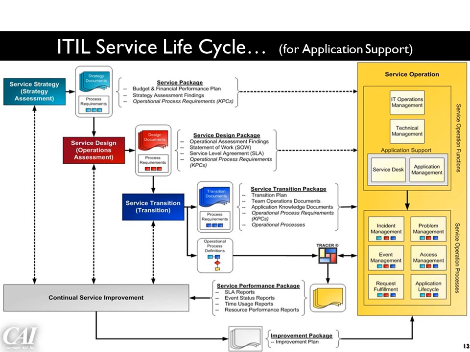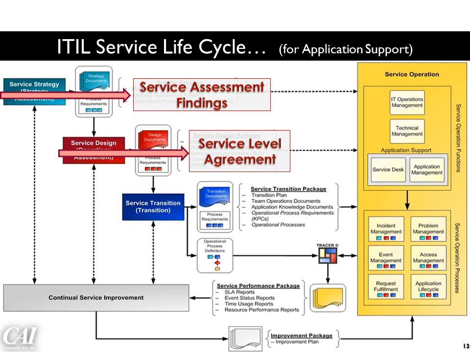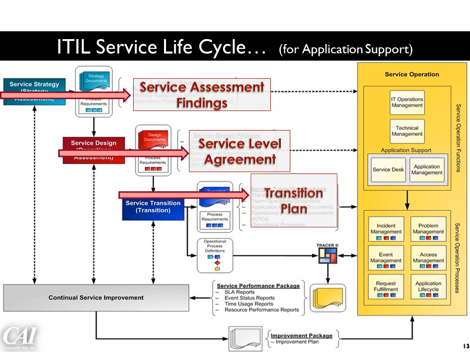This chart represents a summary of a practical implementation approach of the ITIL service lifecycle within the application support environment. We use service strategy to document the scope of the service and business environment. We use service design to develop the service level agreement and customize support processes. We use service transition to implement standard processes and data collection into the operational environment.